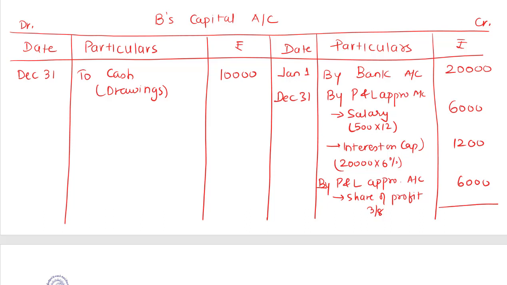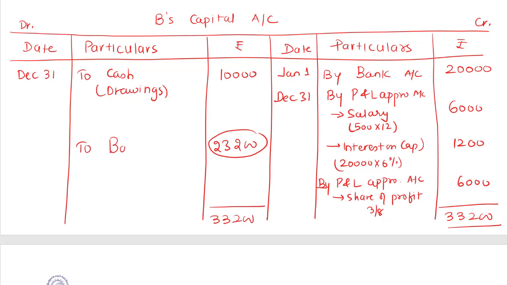Let us do the totals: 20,000 plus 6,000 plus 1,200 plus 6,000, 33,200. 33,200 to be transferred to the debit side as the total, minus 10,000, closing figure 23,200. To balance carried down. The closing balance of B's capital account is 23,200. I believe you understood.